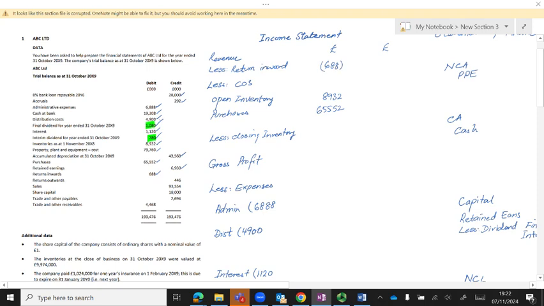Later I'll find out the revenue figure and I'll record it on top of it. Next is return outward, which is 446. Return outward means I bought some goods and some of the goods were broken or not up to the standard, and I returned them back to the supplier. That needs to be subtracted from my purchases.